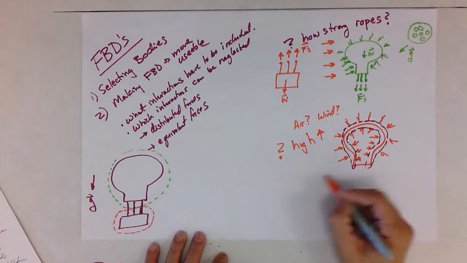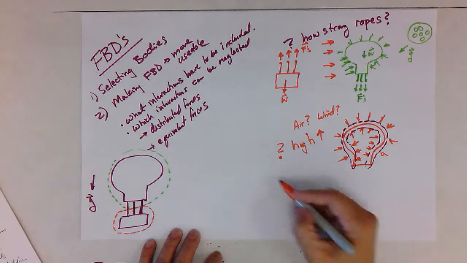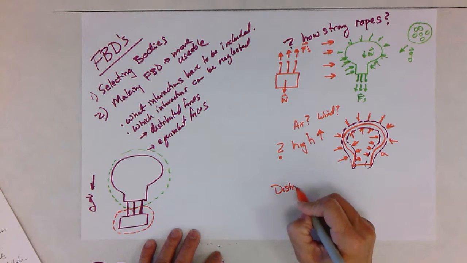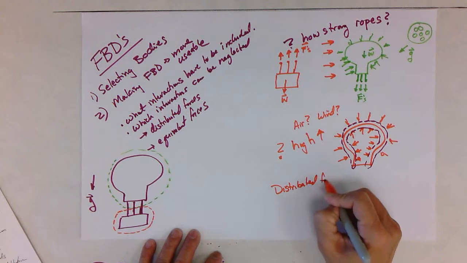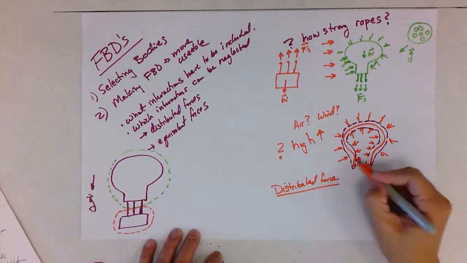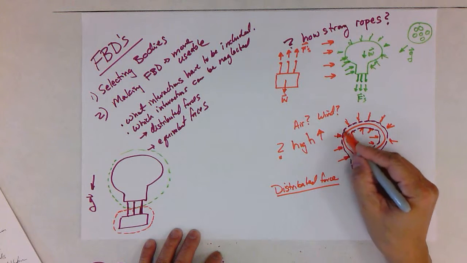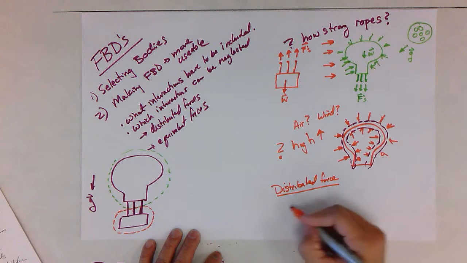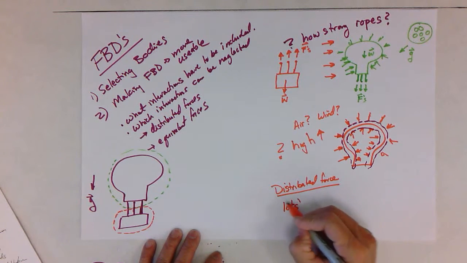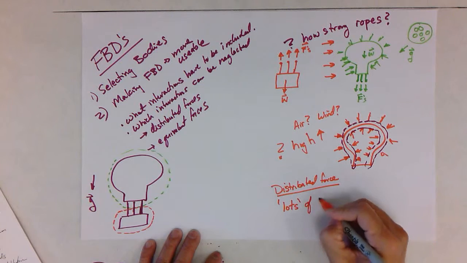All right, so looking at this air brings us up to the idea of the distributed force. If we look very closely, there are a lot of molecules of air pushing on this, so there's lots of distributed forces. So lots of discrete forces, I should say.